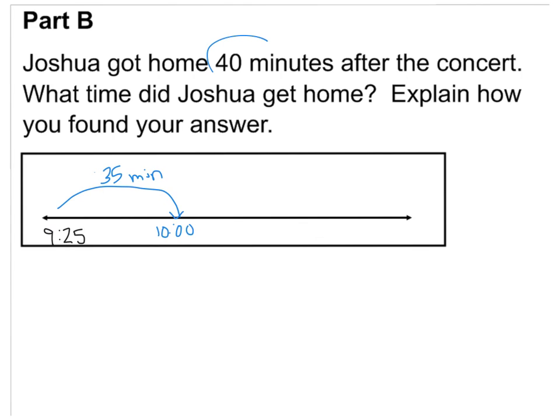But I know I have to go 40 minutes after the concert. So I'm just going to add another 5 minutes to equal my 40 total minutes. And that puts Joshua home from the concert at 10:05 p.m. I hope your answer was like mine, that you ended up at 10:05 p.m. All right, let's go to our next question.